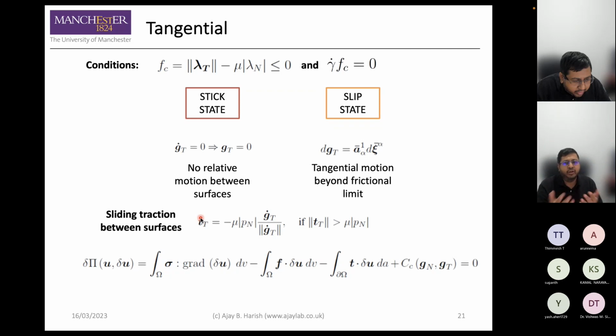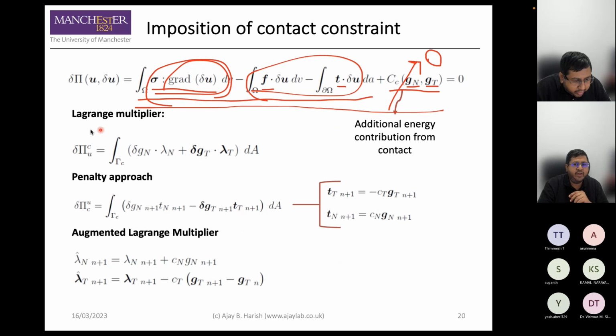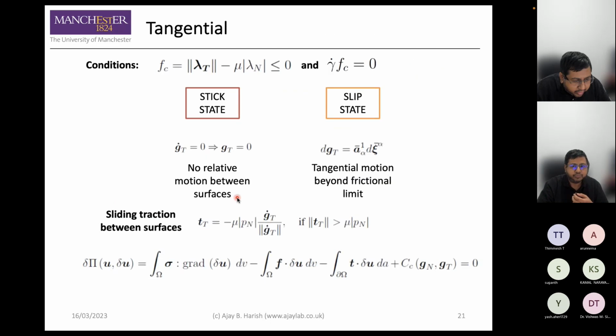In a slip state, that is non-zero. So that goes back into our previous slide, where we impose the variation of our energy in terms of Lagrange multipliers or a penalty parameter, and that's where the traction contributes. The traction goes into the contribution here, so we have the traction parameter.